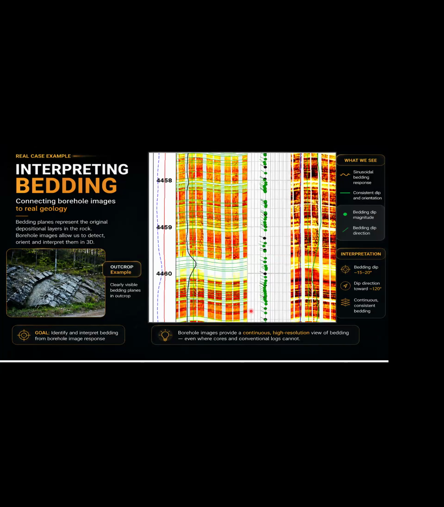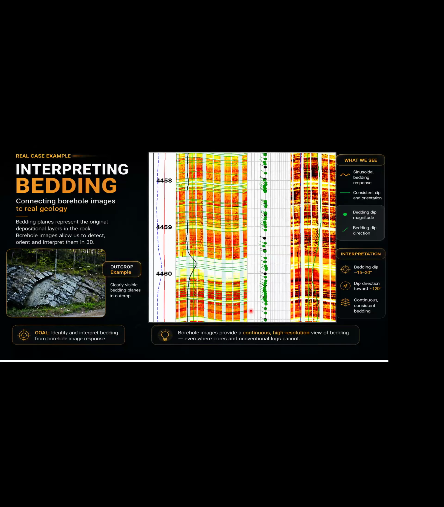The bedding is one of the first things we look at. By nature, we start picking the bedding when we have a piece of FMI or a piece of borehole image, because the bedding gives us the structural language.